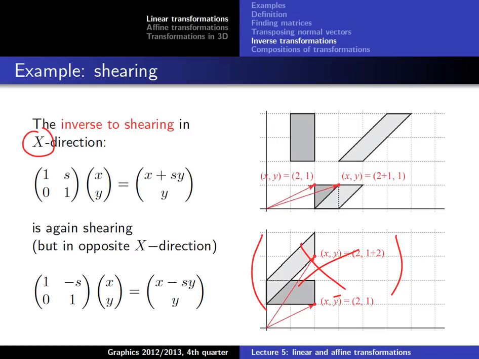If you think about it from a geometric point of view, if you push something to the side within one level, then the opposite operation would be to push it backwards by the same amount, but again stay in that level. And that means, if that is plus sy, then the opposite direction is that we push it by the same amount, which means minus sy.